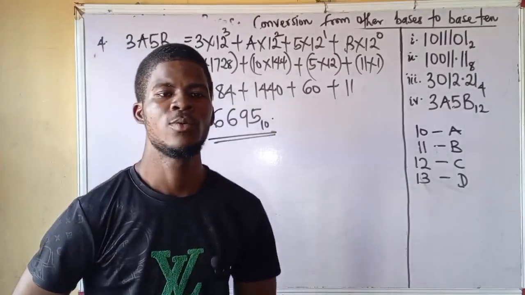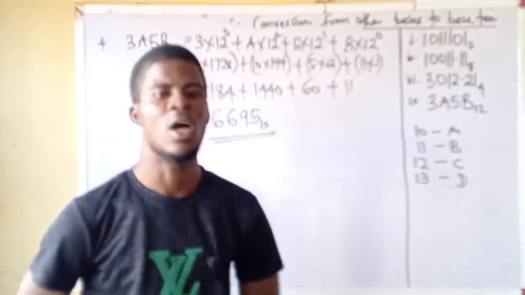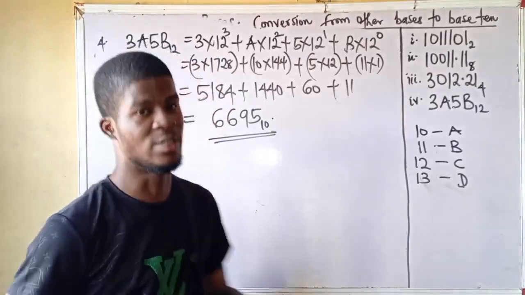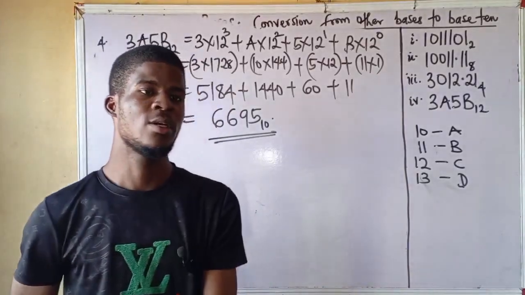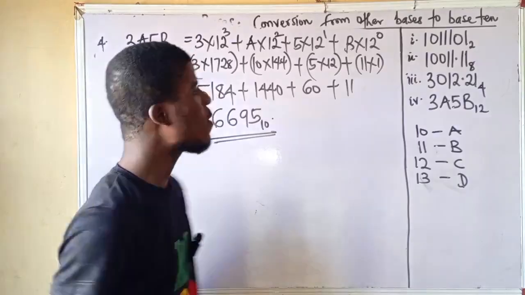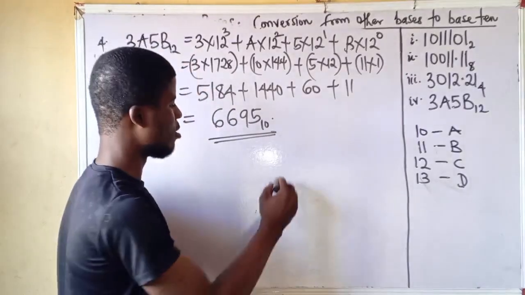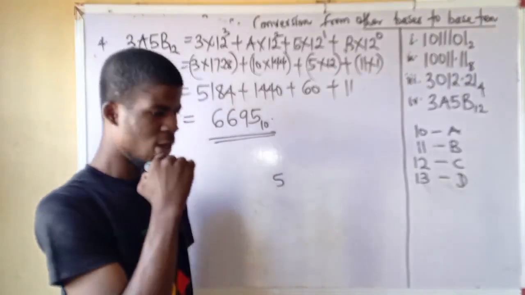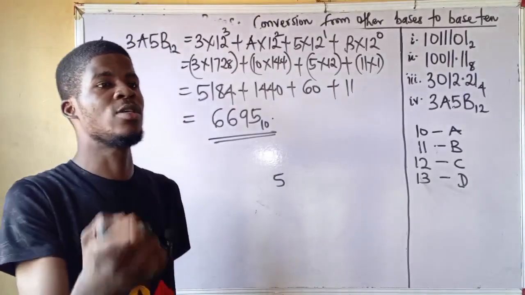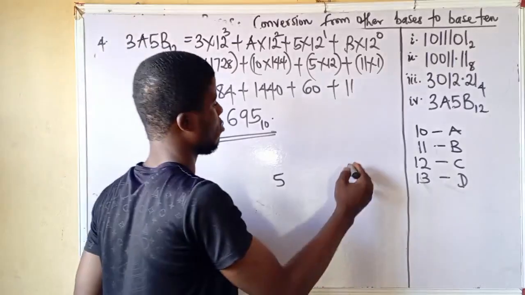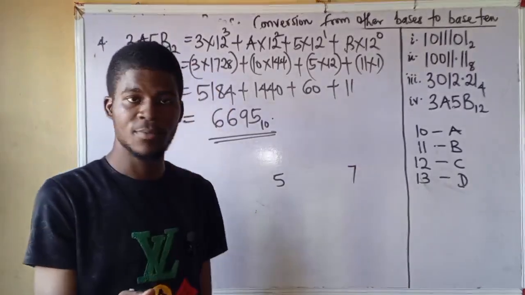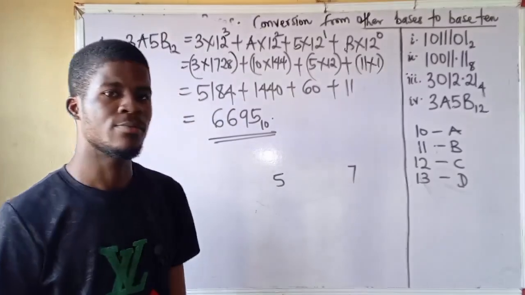In the next video, I'll teach you how to convert from base 10 to another base. Now, mind you, if I want to convert a number in base 5 to a number that is not 10, let's say to base 7 or whatsoever, I must pass through base 10.